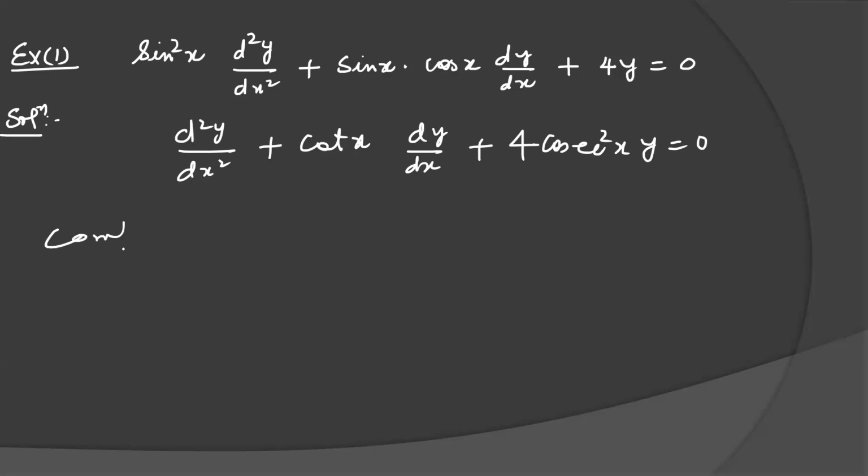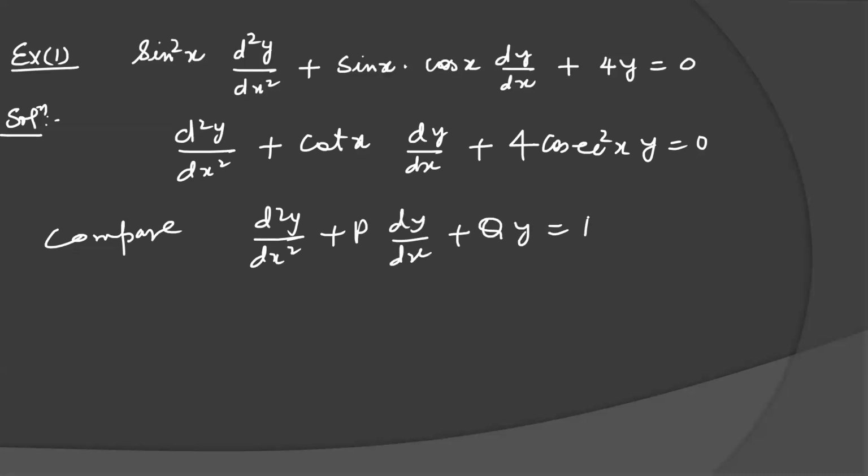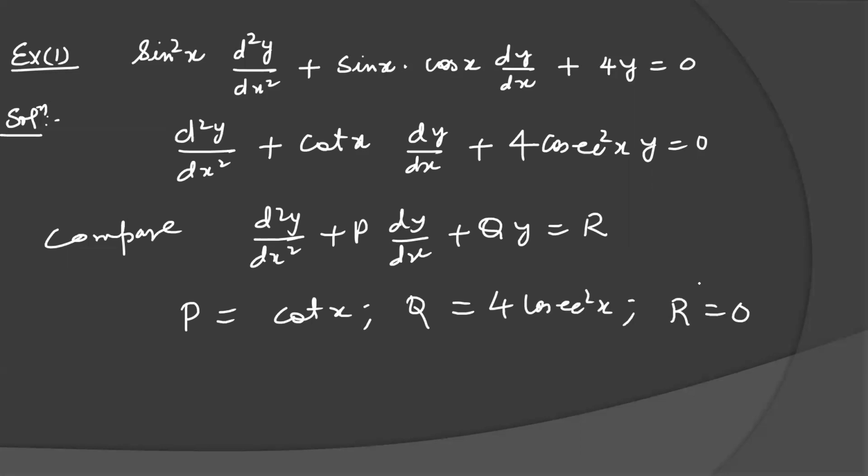Now compare with the standard one, d2y by dx2 plus p dy by dx plus qy equal to rx. So your p is actually cot x, q is 4 cosec square x, and r is 0. Now, can you find the complementary function?